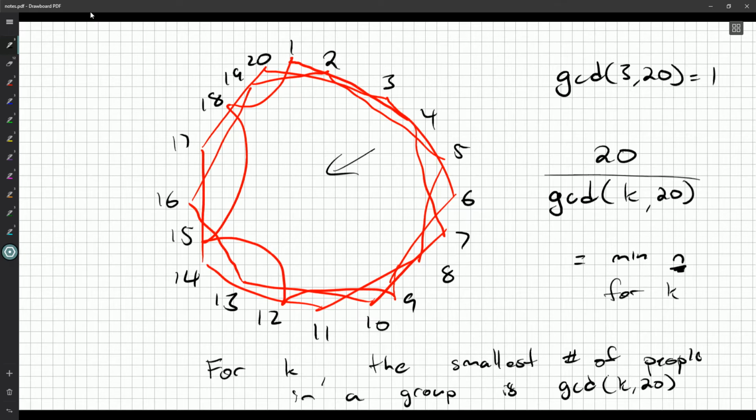Right? No. That's the smallest number of groups.